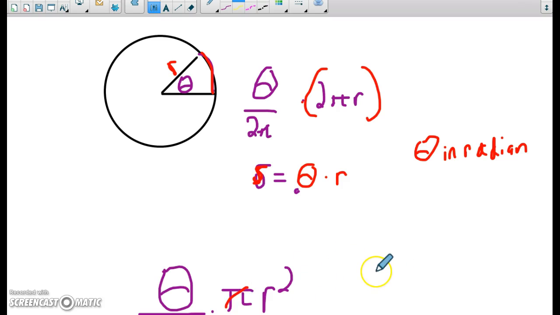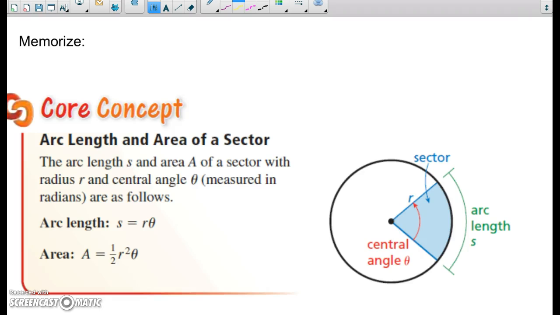So you still have this 2 in the denominator, so you have 1/2, you have r squared, and then you have theta in radians, and that would give me the area of this sector. This is what I want you to memorize. The arc length is equal to the radius times theta when theta is measured in radians, and the area is 1/2 r squared times theta. Again, theta is measured in radians.